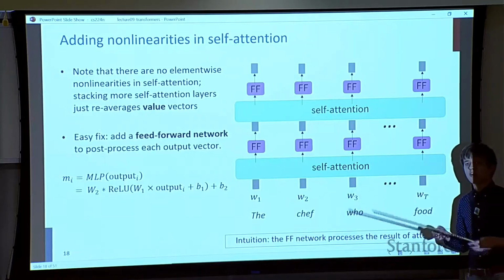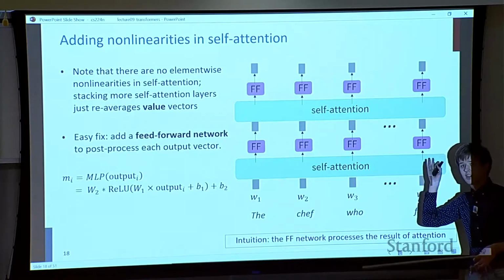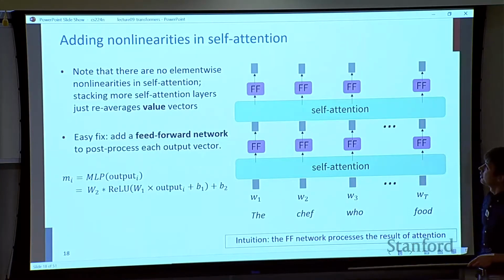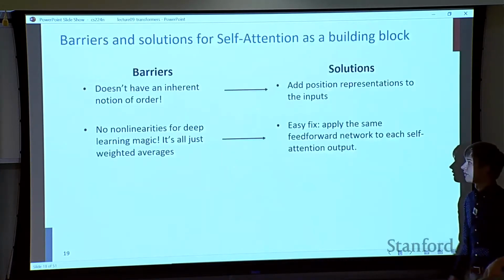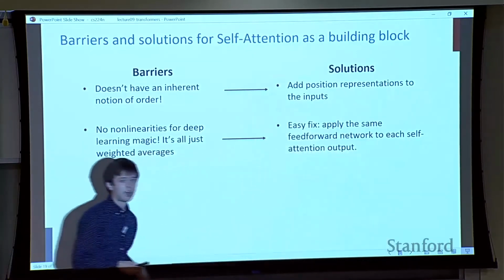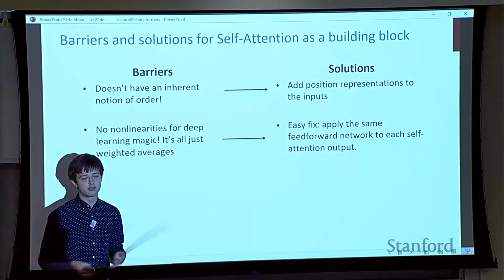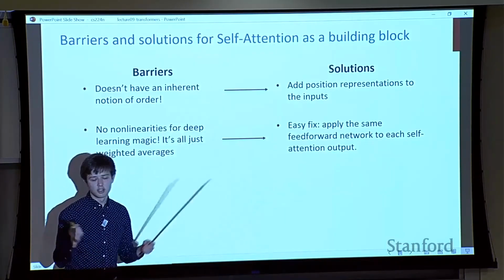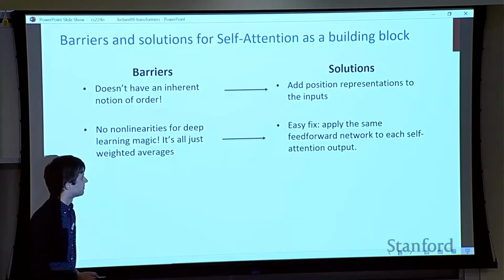But more fundamentally, you needed some kind of nonlinearity there, and a feed-forward network will do a good job. Okay, so that's another problem solved. Easy fix. Add a feed-forward network, get your nonlinearity. Now your self-attention output, you can process it, have that depth increasing as the layers of the network increase, which we know is useful.